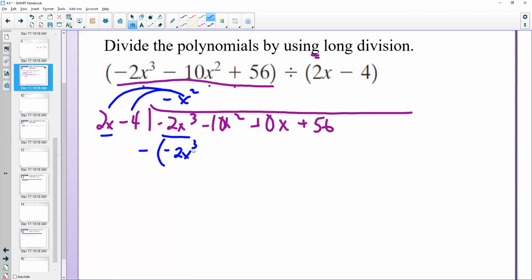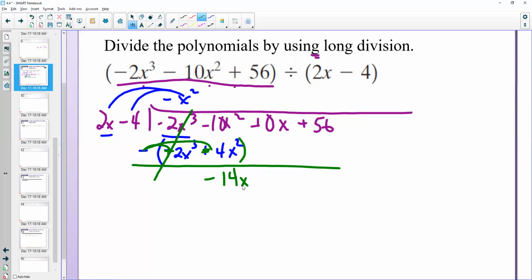Negative x squared times negative 4 gets me plus 4x squared. Then I'm going to switch my signs because I'm going to distribute that. So that becomes a plus, that becomes a minus. These guys cancel. Negative 10x squared minus 4x squared is minus 14x squared. Bring down my 0x. Okay.